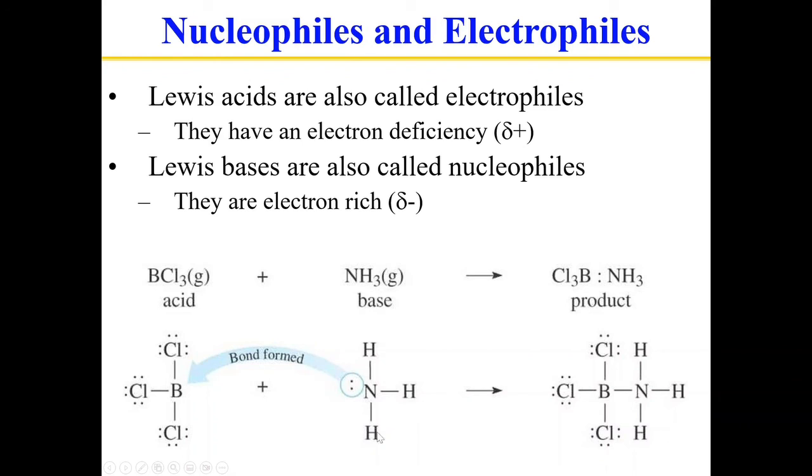So this is my nucleophile, this is my electrophile, and this is the product of the nucleophilic addition of the ammonia to the boron trichloride. We are going to talk about Lewis acids and bases most of the semester, but we're going to call them nucleophiles and electrophiles. And what I'm trying to show you is it's just a different way of thinking about acid-base chemistry.